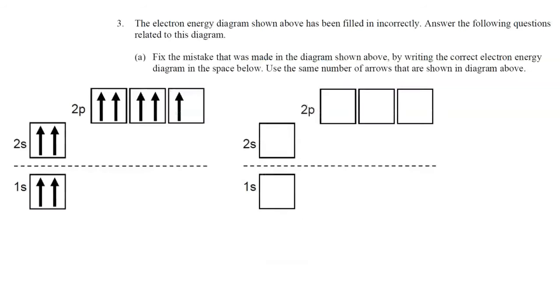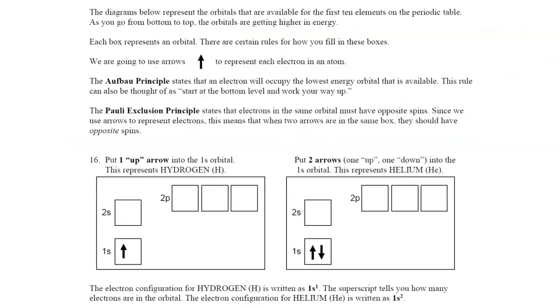Now, before I fix the mistake in this diagram, let me remind you of a rule that I had mentioned in your packet entitled Electron Configuration. So the rule is called the Pauli exclusion principle, and it states that electrons in the same orbital must have opposite spins.